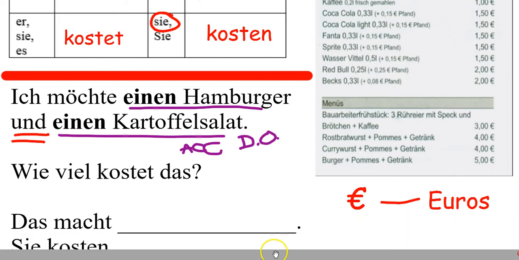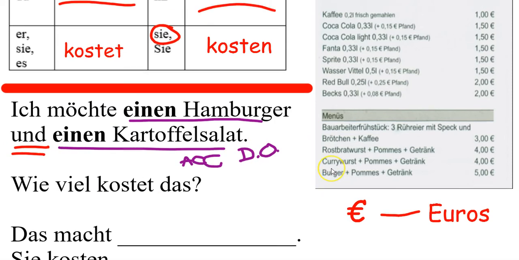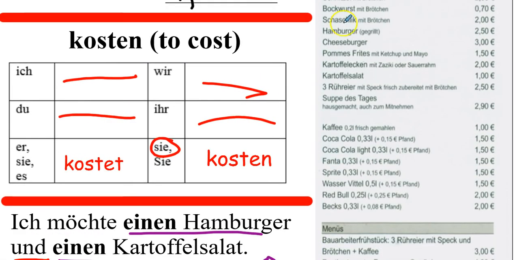So, taking a look at this menu, so I'd like a hamburger and a potato salad. Wie viel kostet das? How much does that cost? So, a Hamburger gegrillt is 2,50 €, and a Kartoffelsalat is 1 Euro. So do a little bit of mental math.